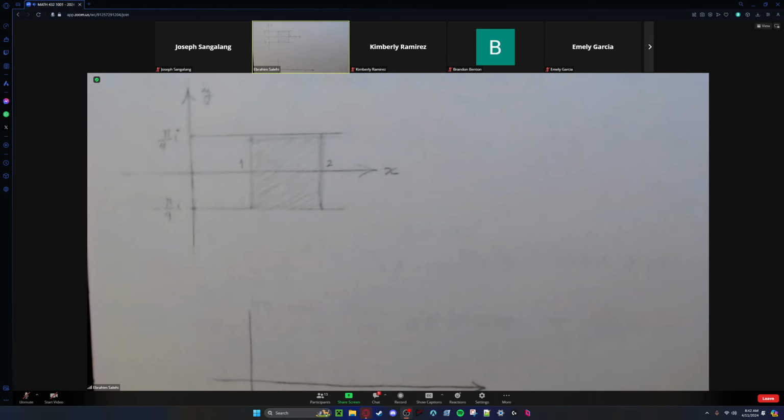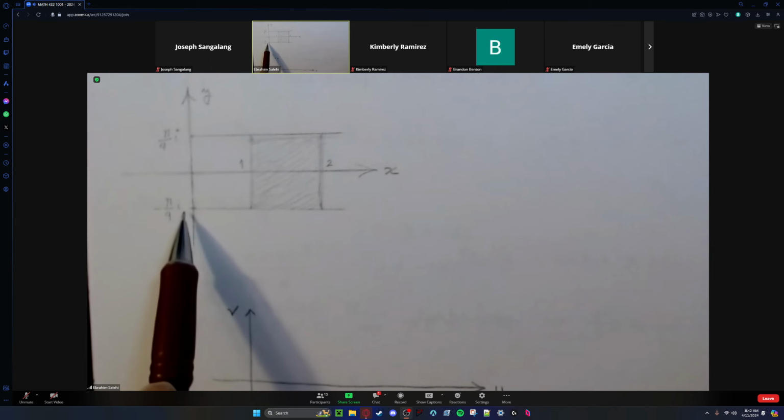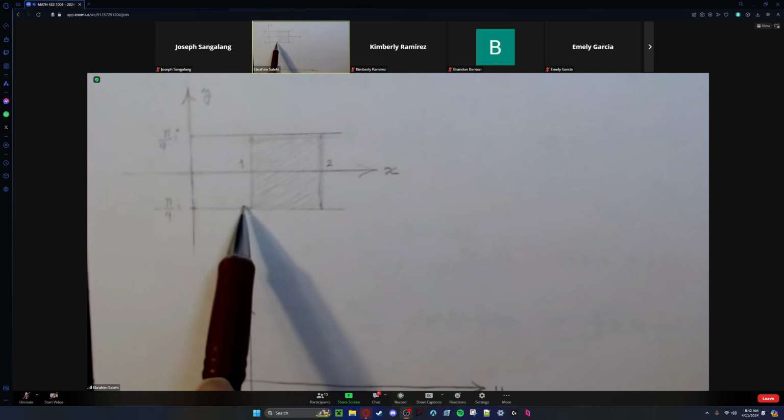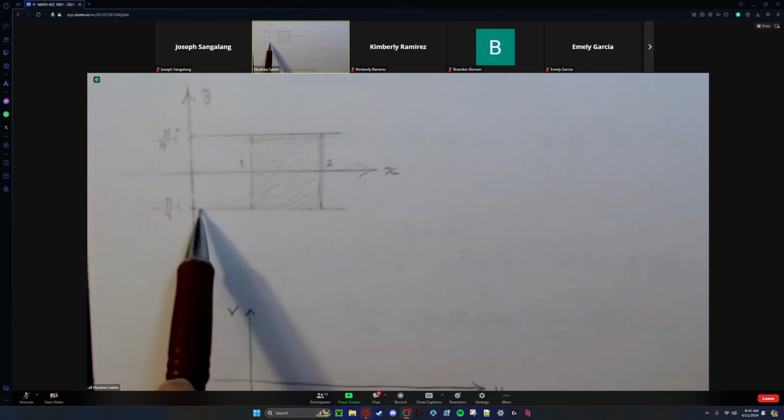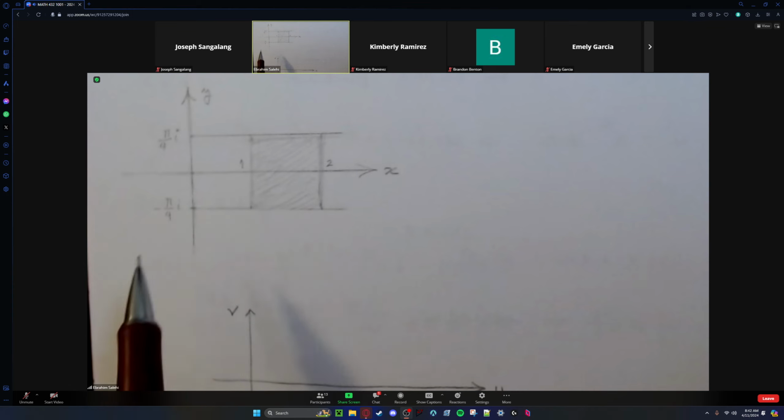This horizontal line will be a ray. The angle of that ray is negative pi over 4. So this is the image.